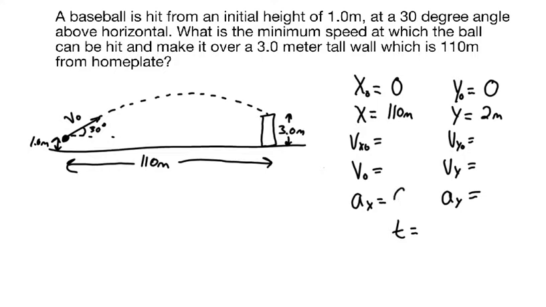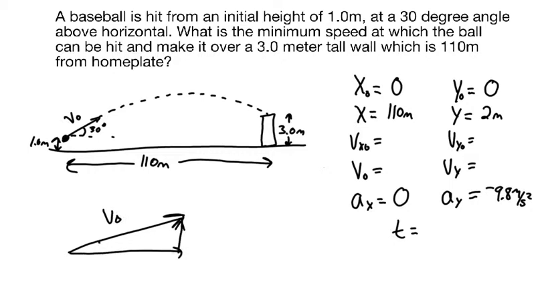Acceleration we always know: 0 for the x, negative 9.8 meters per second squared for the y, and we have that 30 degrees, but we really don't have a home for that right now. I'll tell you what we'll do, though. Let's go ahead and draw out this initial velocity vector with its x part and its y part.